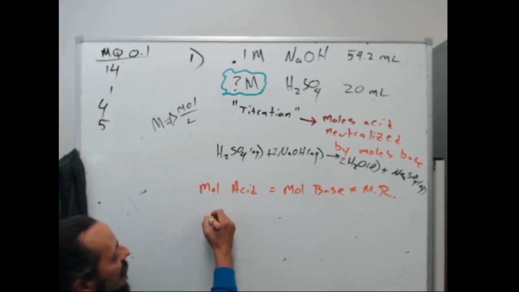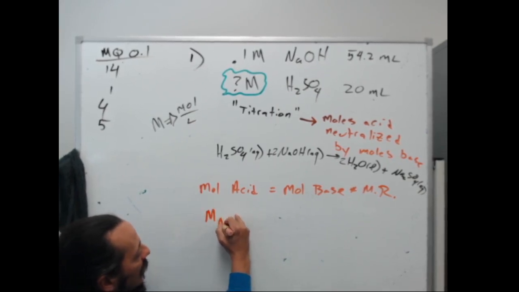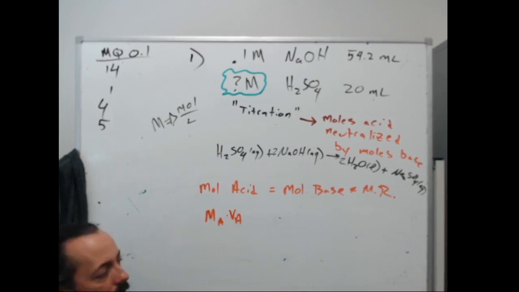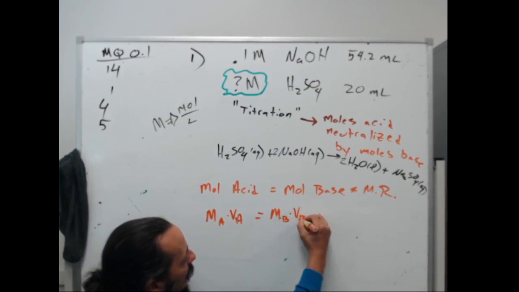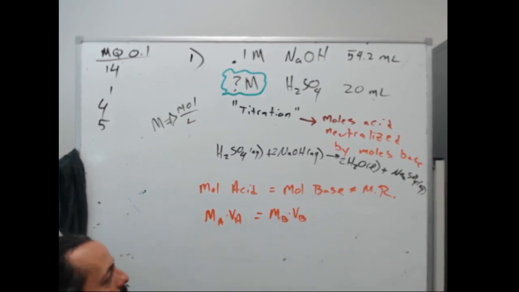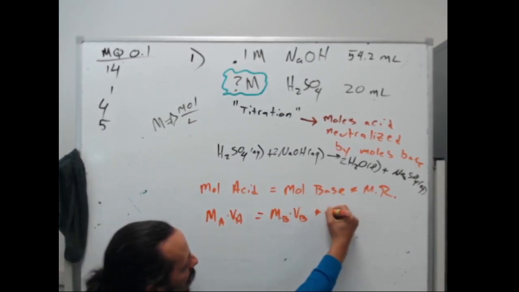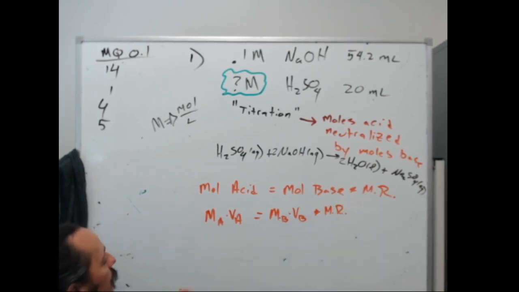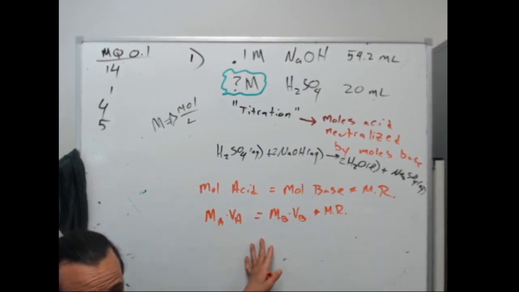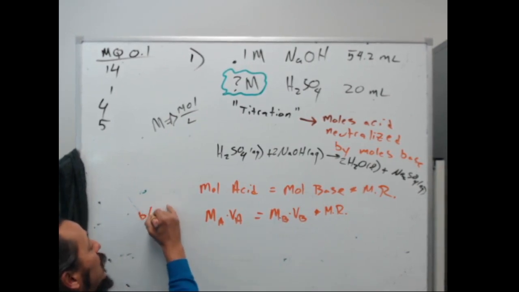What this allows us to say is molarity of acid times volume of acid, right? Molarity times volume gets me moles. Molarity of base times volume of base, that gets me moles, times the mole ratio.